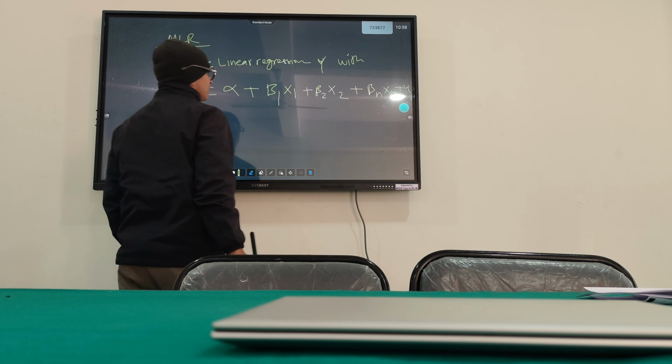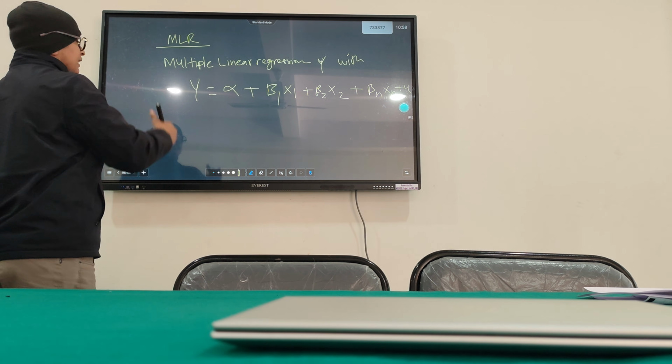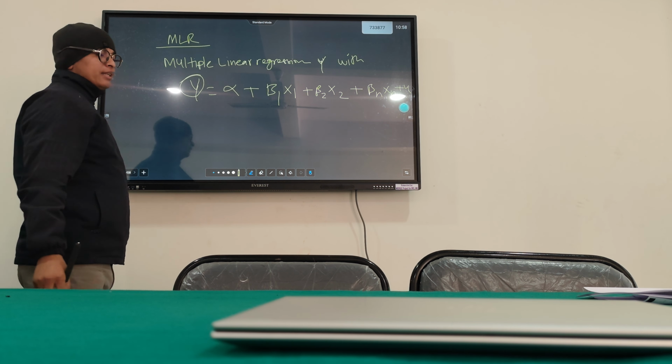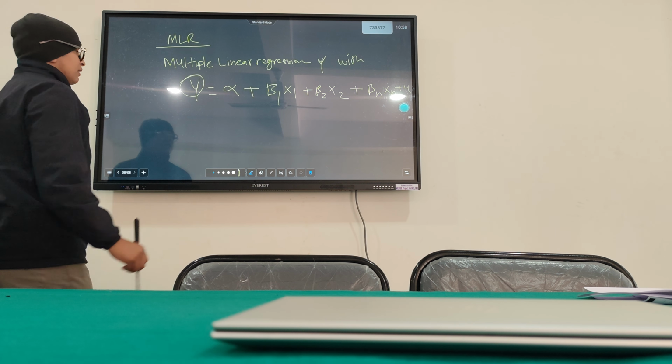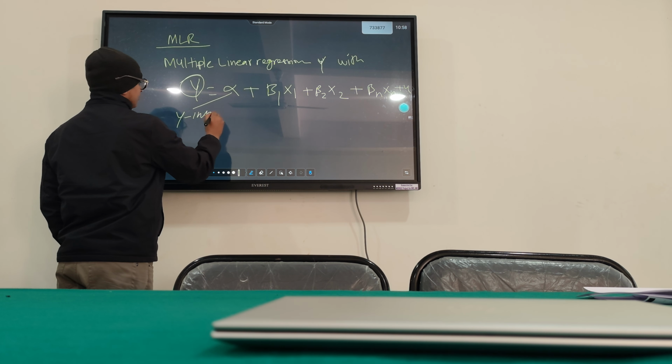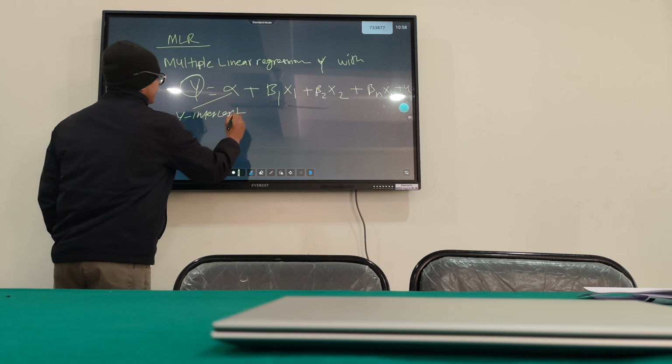This is the general model, maybe a population kind of formula. Here alpha is the Y intercept.